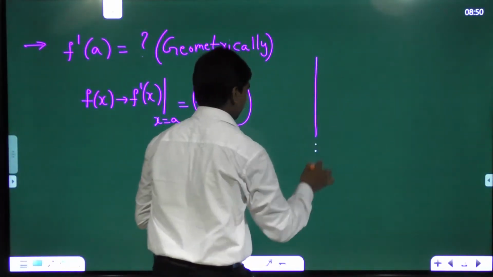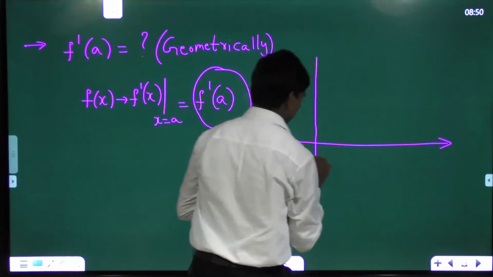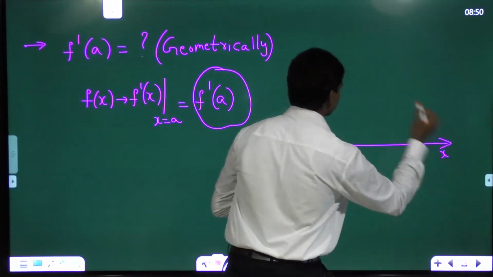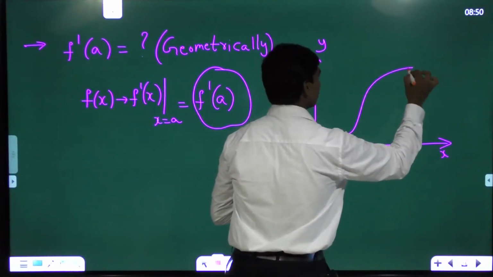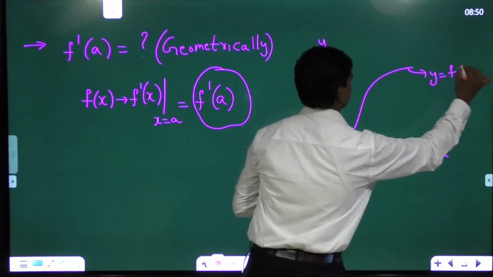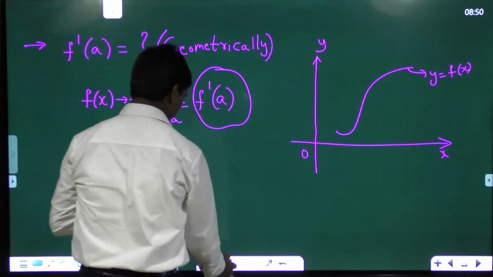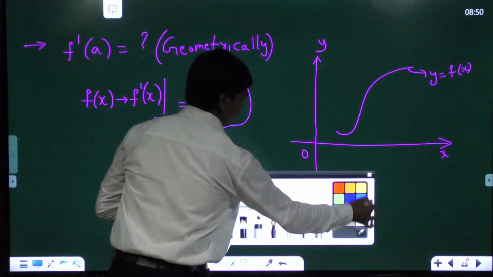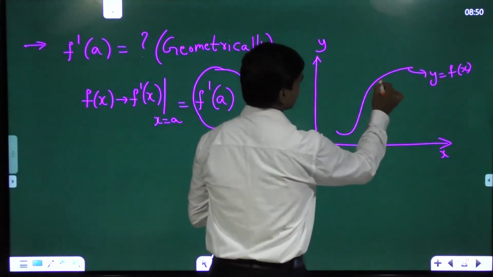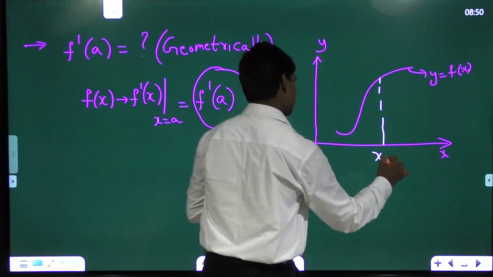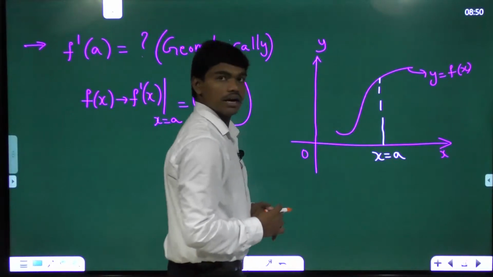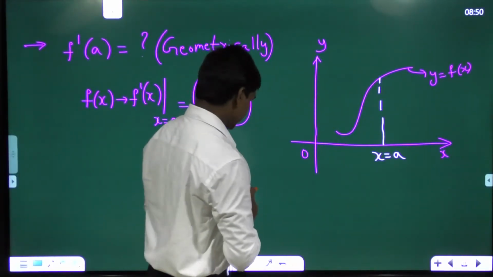See here carefully. Axes 0, x, y, and let us suppose this is y is equal to f of x. Now let us suppose this is point A, x is equal to A. Now what does this f dash of A tell us?